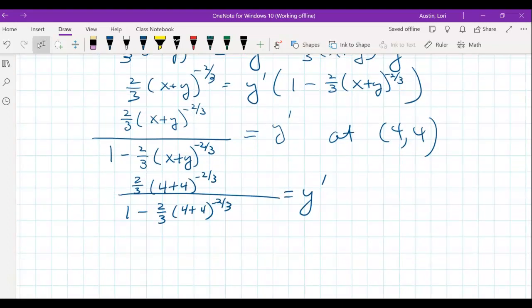Can you take the cube root of 8? You can. That's why this one kind of works out nice and neat. You're not going to get numbers that don't work out. Okay? The 4, 4 was picked on purpose because it will work out really nice in the problem. So go ahead and do all the math.